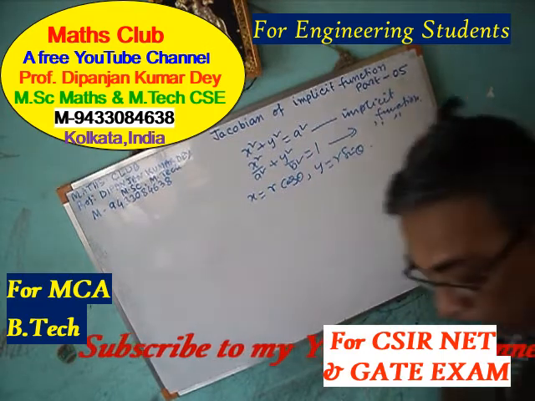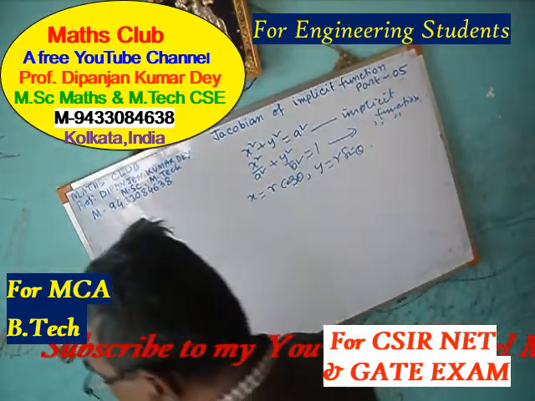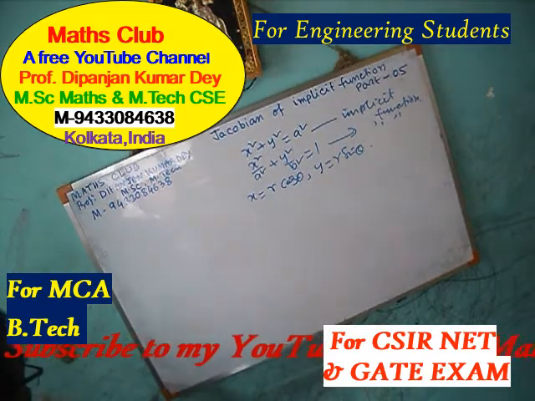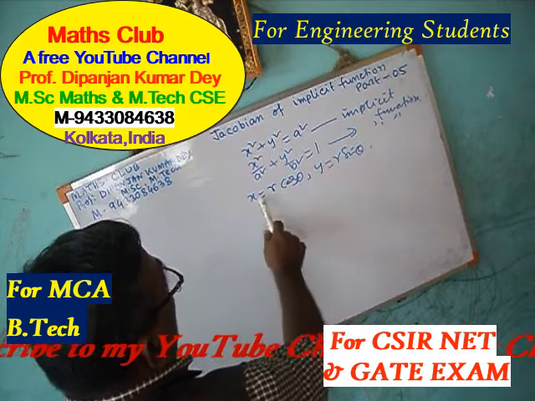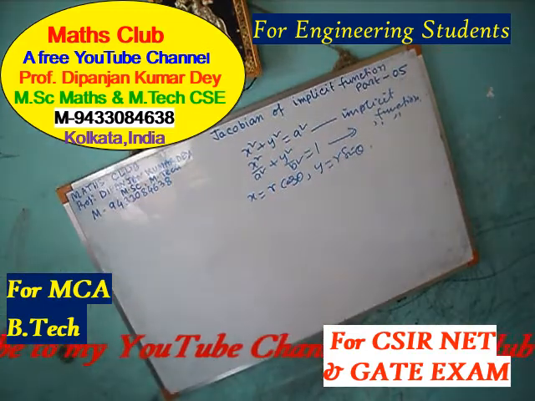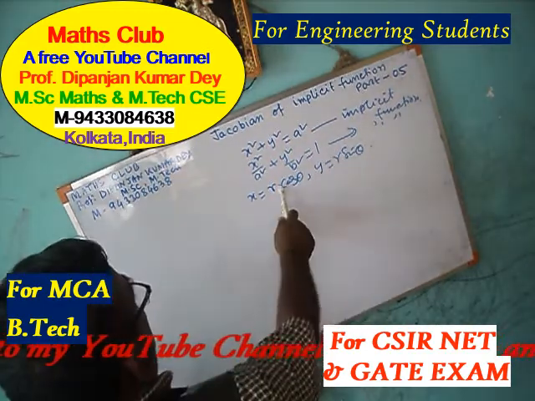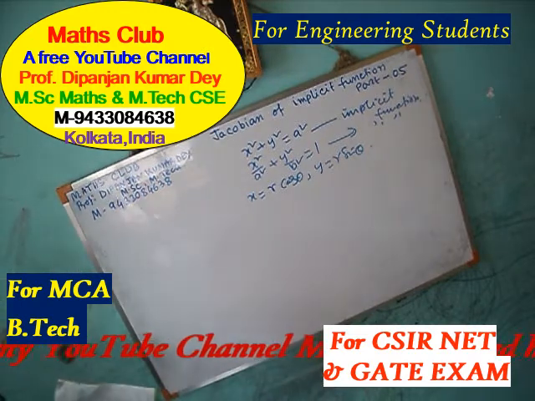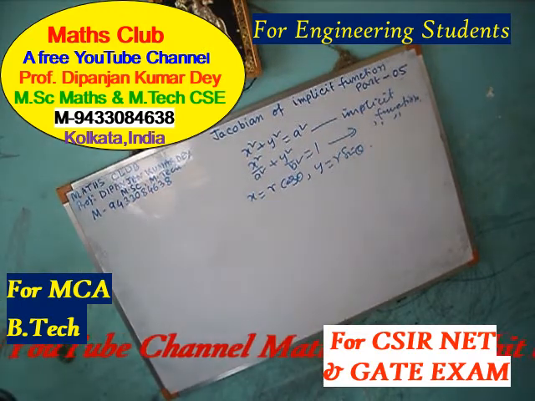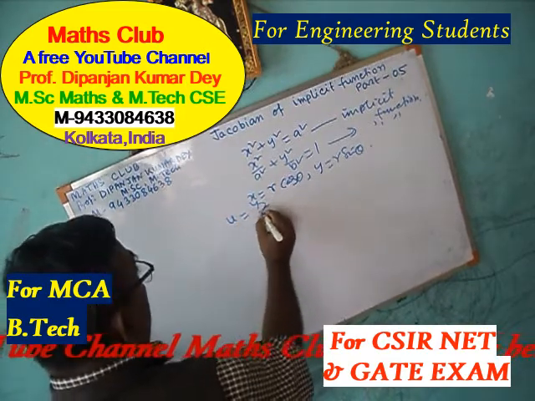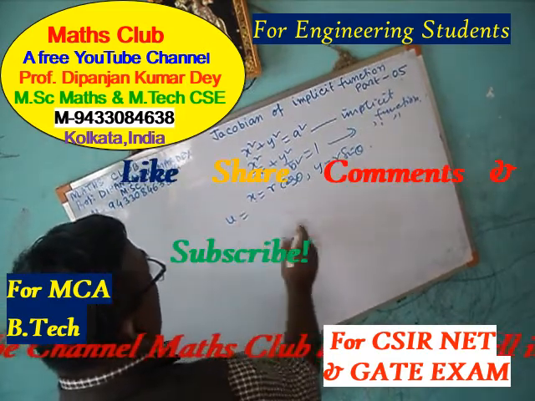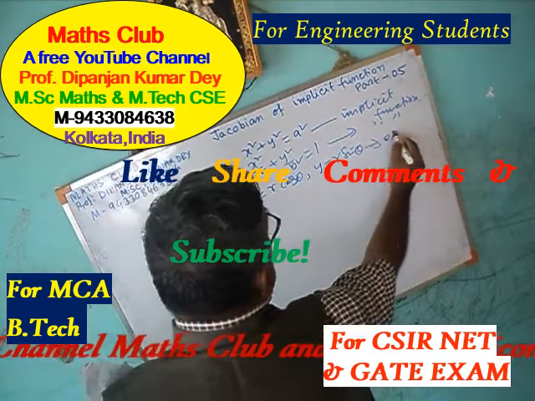You see, x and y are written separately, so this is known as an explicit function. Similarly, u equals yz is another example of an explicit function.